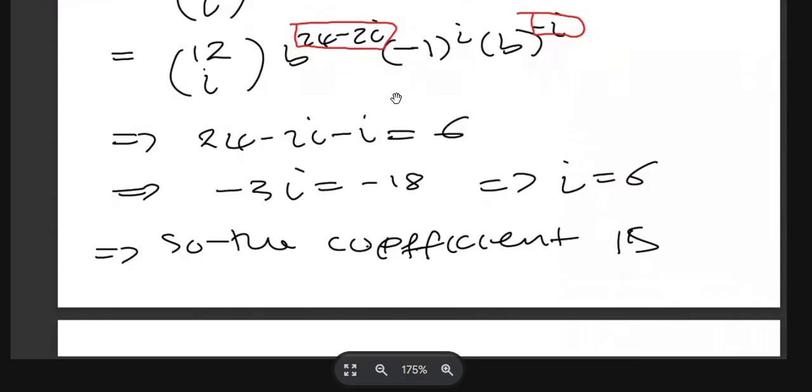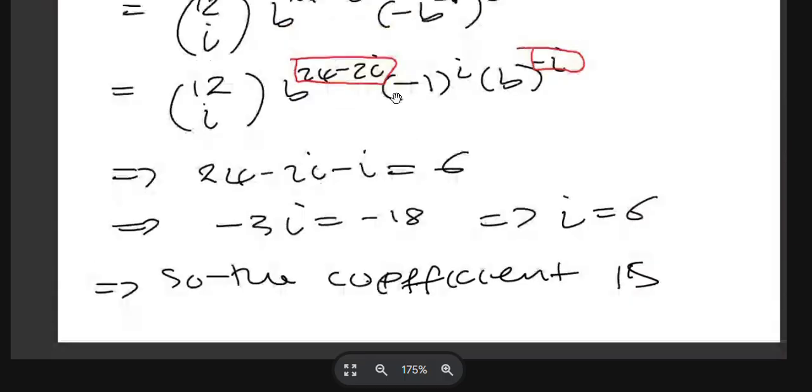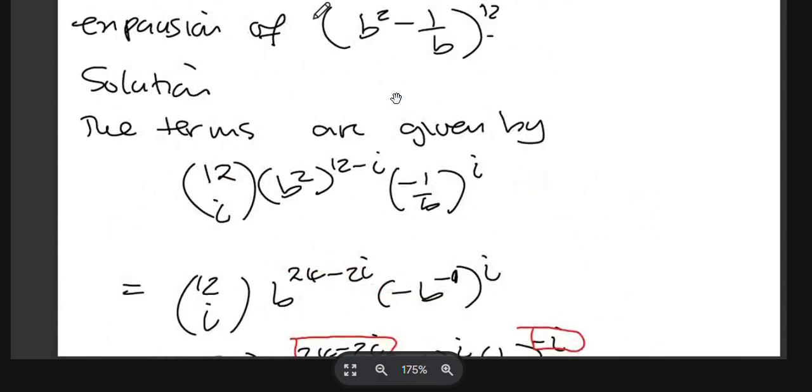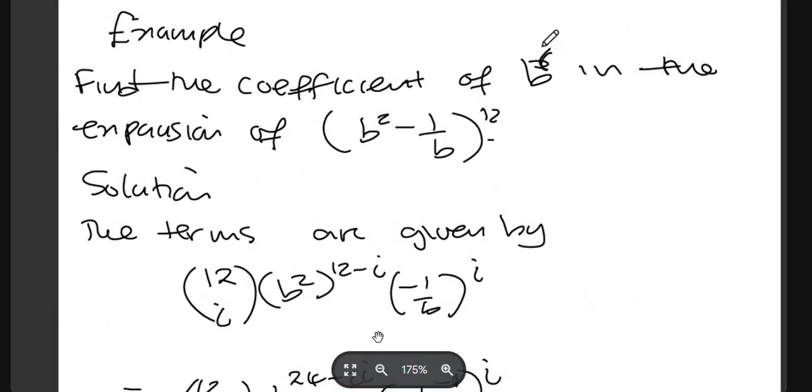Have you read the question? Find the coefficient of b to the power 6. So you're looking for the term where the power of b is 6.